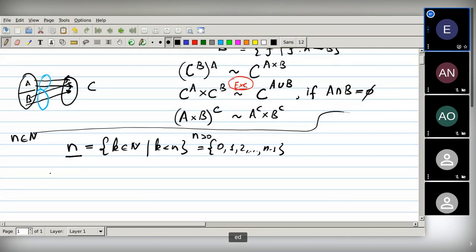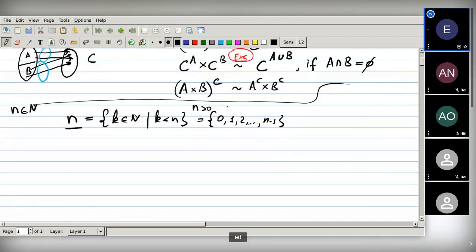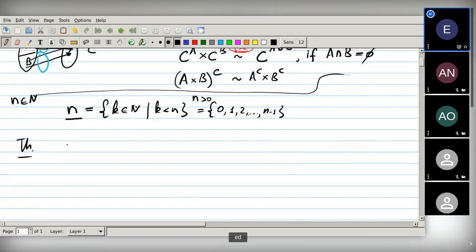What do we know about these sets? We had a very interesting theorem which relates this symbol, something to the power something, with the power set. We proved the following: for every A, the power set of A is equivalent to 2 underlined to the power A. Yeah, 2 to the power A, of course.